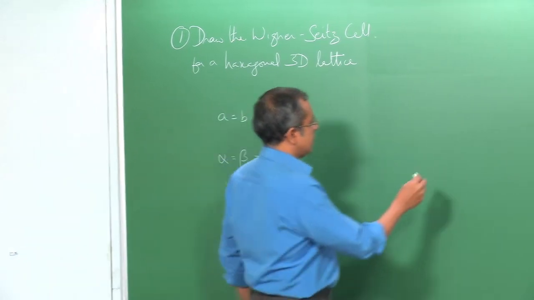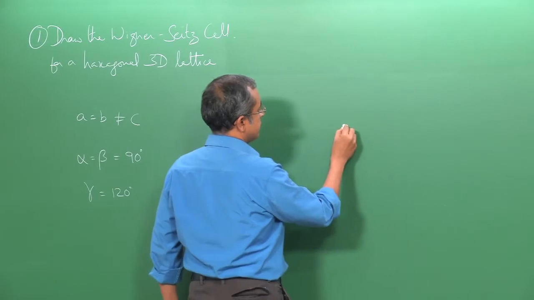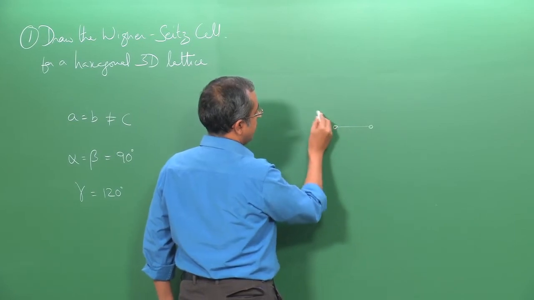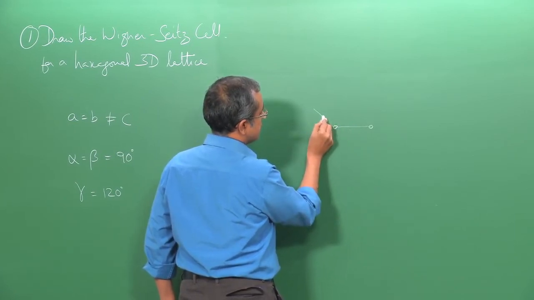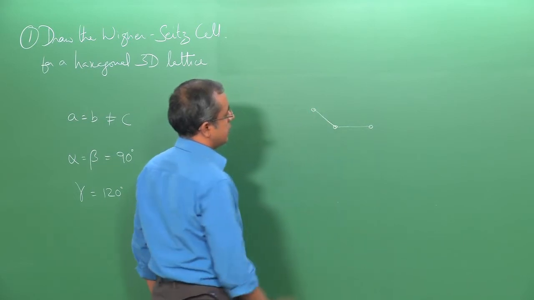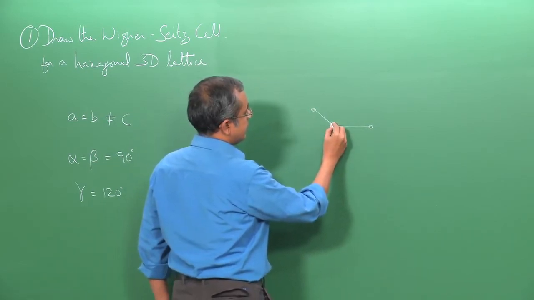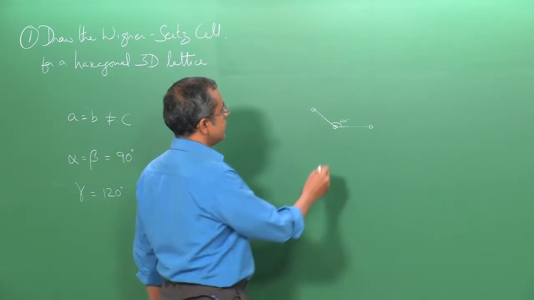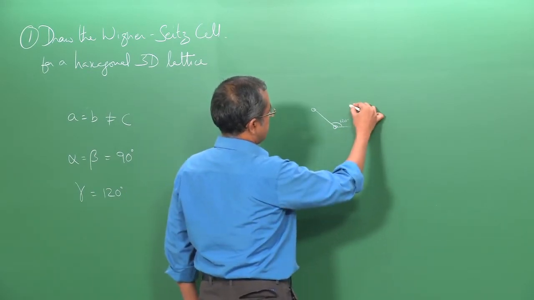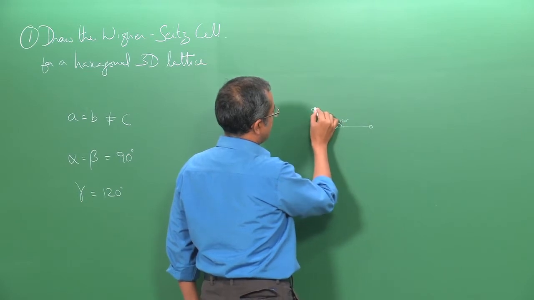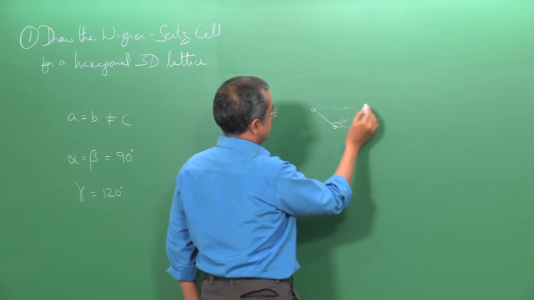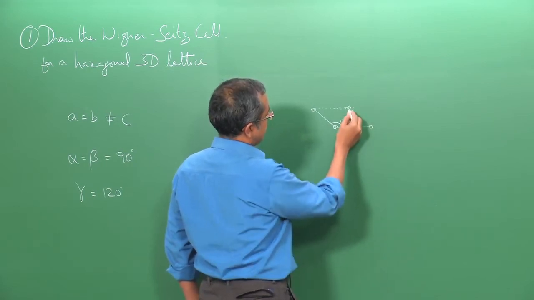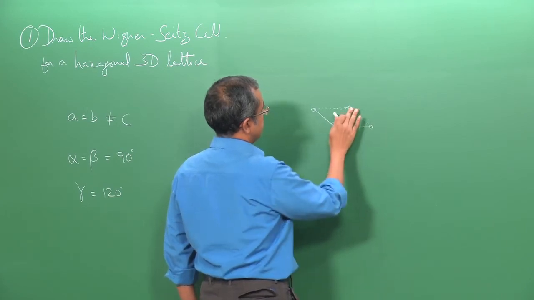So, if you see here, we will just basically take a point here and a point here, and then we will consider a point here. So, we will say that this is 120 degrees, 120 degrees. So, that is your gamma, and then we will draw the rest of this unit cell. If I just draw a parallel line here, somewhere here is where I will get the other lattice point, then I can draw that here. A little bit more this way.